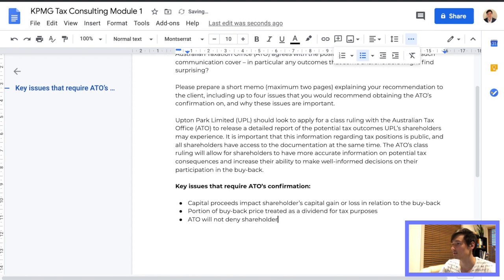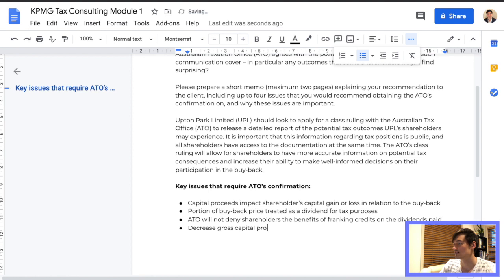I saw that in there. So this is another point. ATO will not deny shareholders the benefit of franking credits. If you're not sure what franking credits are, my understanding is that it's an additional payment with the dividends. I'll definitely search that up to double check.